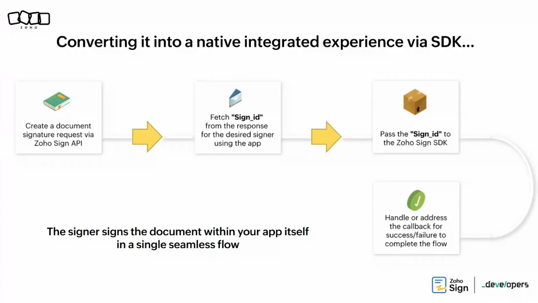Once the document is signed, or if it fails, we give you callbacks to process the subsequent steps. So this is a seamless flow instead of the signer going out of your application to sign the document.